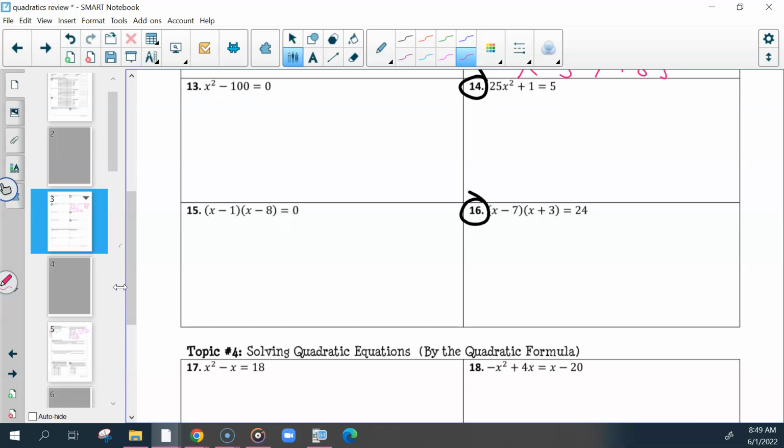For that one, it's very similar to 16, except you don't have to distribute or move anything, because it's already set equal to 0. You just set both of these equal to 0. That's all. So your solutions would be 1 and 8. Now, if it was set equal to something, then you would need to distribute and move and then solve. But in this case, that was not the case. Other questions on the review?